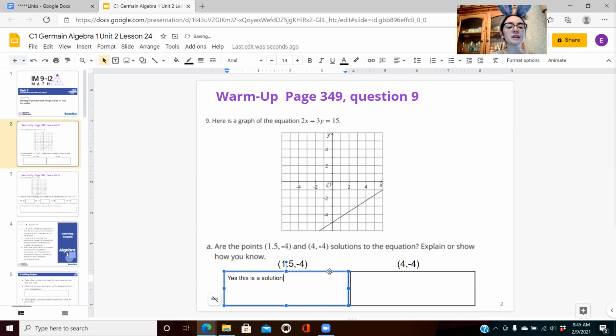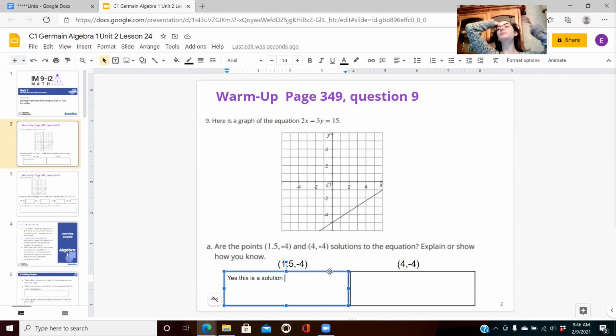What was the strategy that I just used to determine if it was a solution or not? Connor, what did I do? I didn't plug it in, but what did I do? Unmute yourself and tell me.